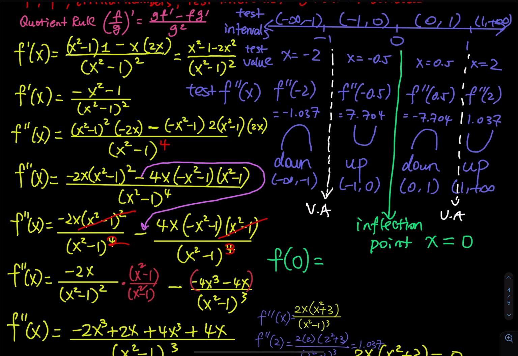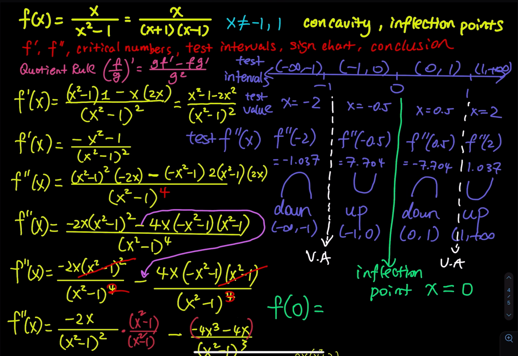So when x equals 0, what do we have? We have 0 divided by 0 squared minus 1, so that is equal to 0. And therefore 0 comma 0 is the point where the concavity changes.